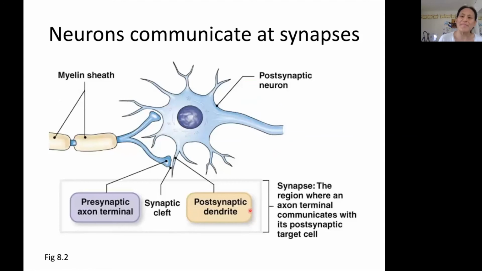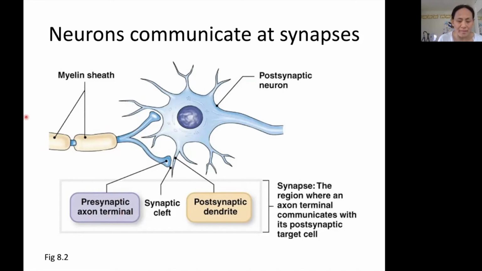Here's a blow up of that little section of the figure from the previous slide. What we have happening here is generally a signal coming down the axon of one neuron. We call that neuron the presynaptic neuron. Don't worry too much about these details, like axon terminal.